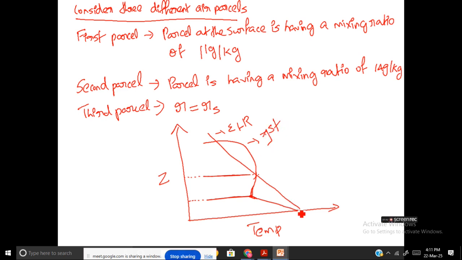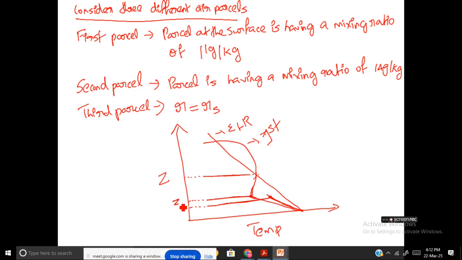Now we have the second parcel. The second parcel is having a higher mixing ratio compared to that of the first parcel, which means it will reach saturation at a much lower level compared to that of the first parcel. Since the parcel has a higher mixing ratio, it will become saturated at a lower height.